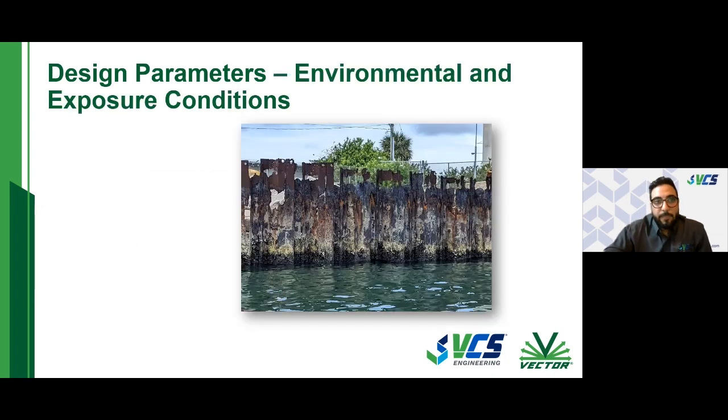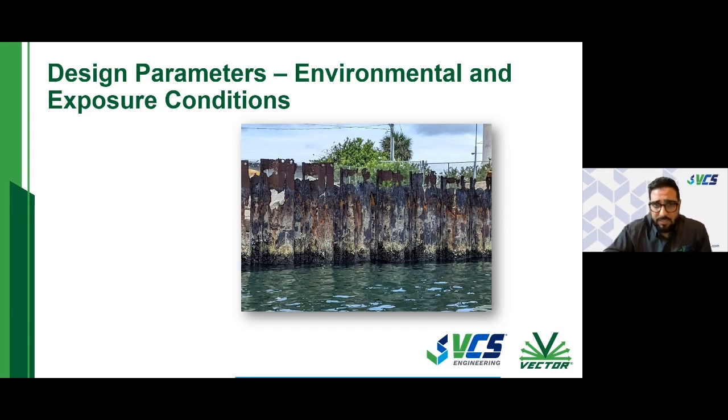So with that, going into the environmental and exposure conditions. This is a steel sheet pile wall, and we can see that it is severely deteriorated, and there's a lot of corrosion. You can clearly see that it has lost quite a bit of section.